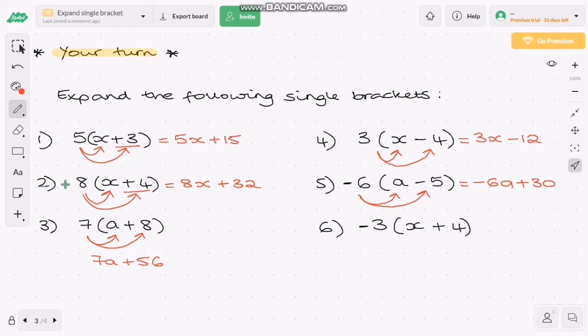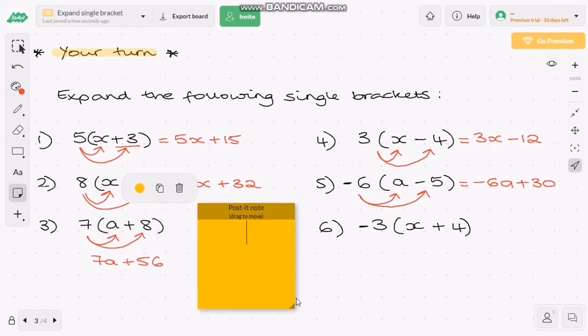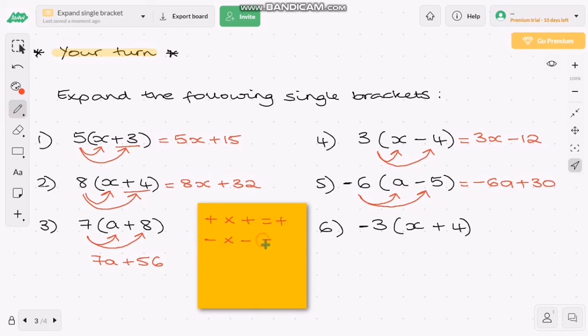So in case you've forgotten the rules of multiplying negatives and positives, I'm just going to write it down here. Okay, so let's write the rules. If you've got a positive times a positive, your answer will be positive. If you've got a negative times a negative, your answer will also be positive.